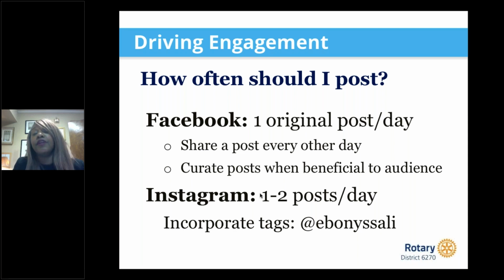But again, if a schedule to start off with is every other day, we'll take it. Be sure to incorporate tags, so the @ symbol and then Rotary 6270. I do plan to launch a district Instagram page within the next few weeks, so that will go live, and I'll share that via Facebook so you all can join there as well.